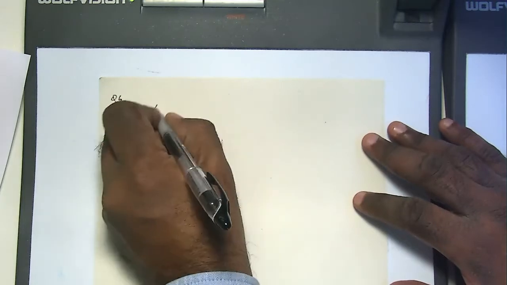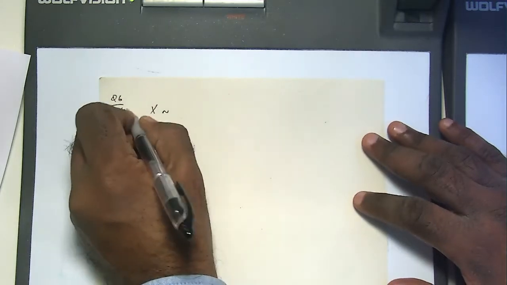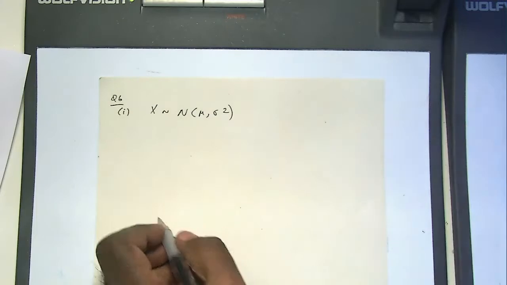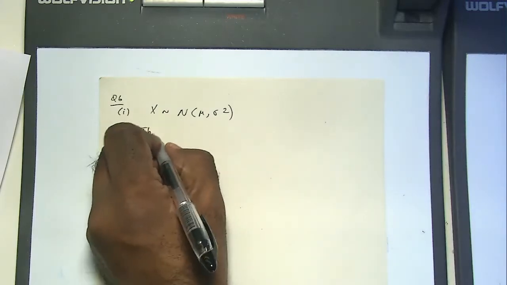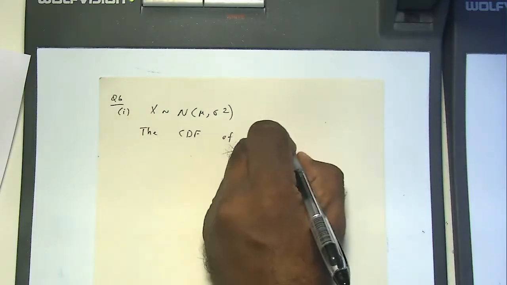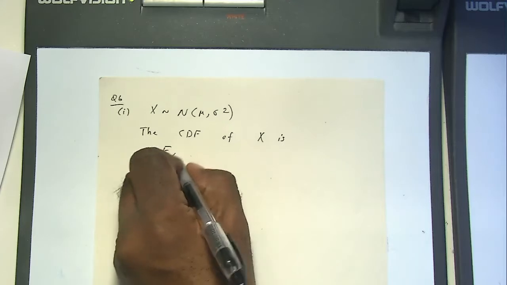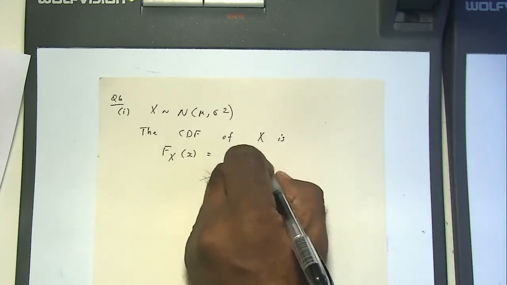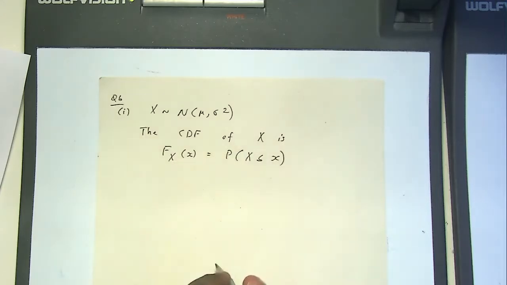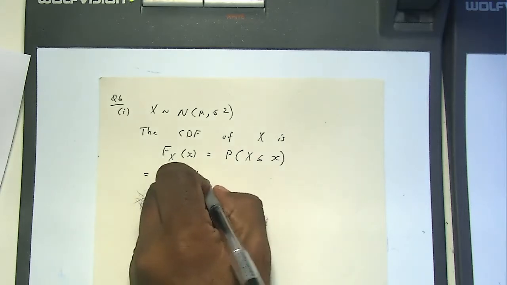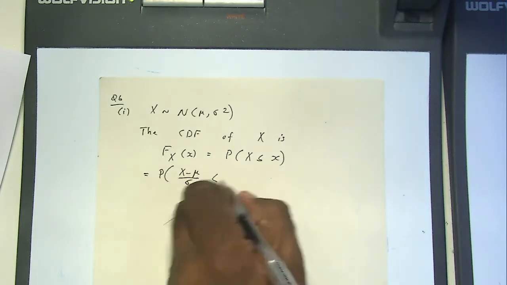Right? We are told that X has this distribution. So the CDF is this. Now you standardize both sides.